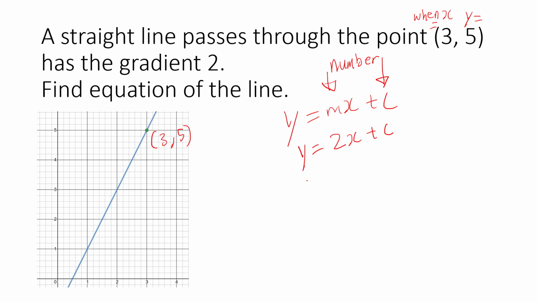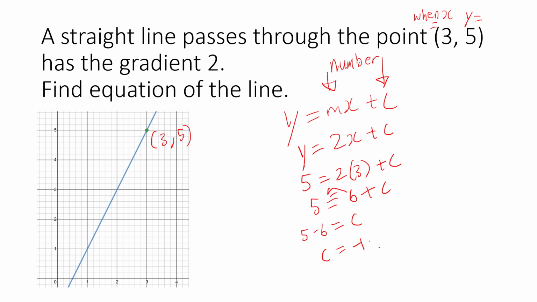When y is equal to 5, x will be equal to 3, and c we just leave as plus c because we want to find the value of c. So 5 is equal to 6 plus c. Very simple, we move the 6 over. It becomes 5 minus 6, which will give us c. c will be equal to -1.